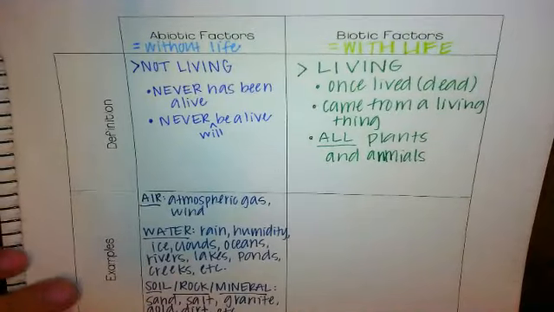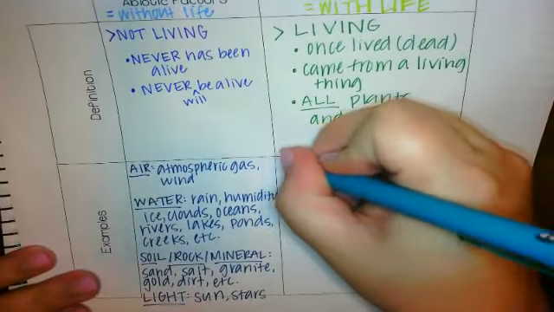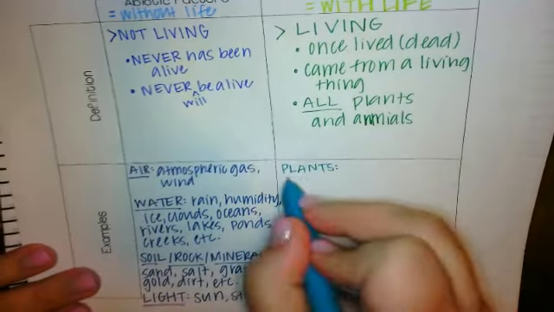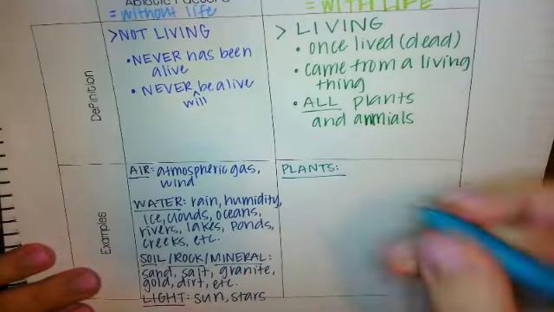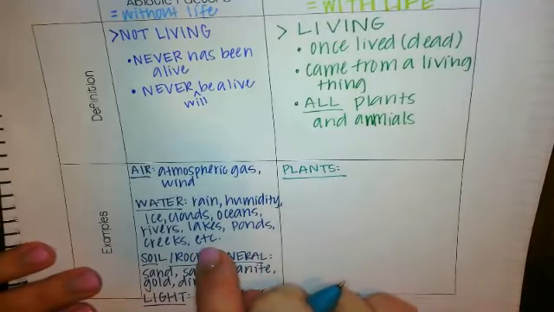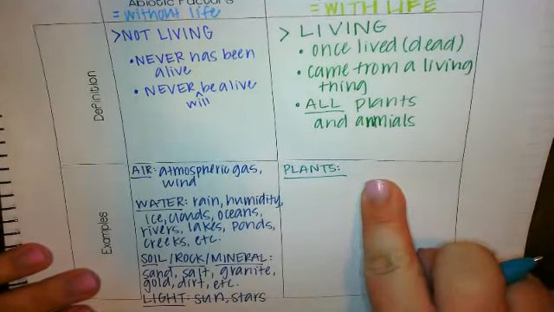And now we are ready for examples down at the bottom. We only have 2 categories for this example box. We're going to start with plants. Okay, this is where that abbreviation etc. from this side is going to come in handy because obviously we're not going to list all the plants, but we can list a few of them.